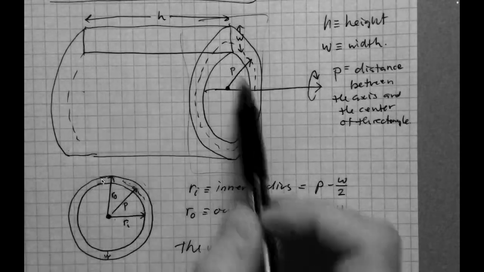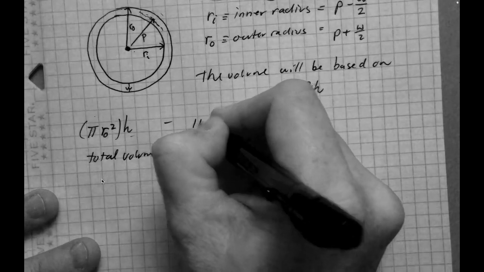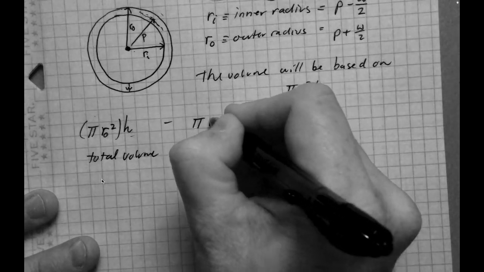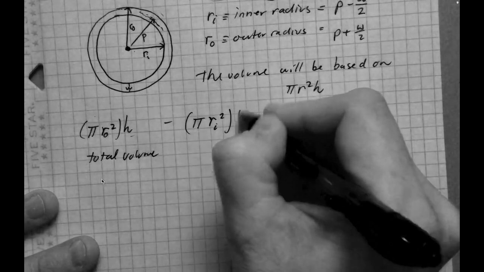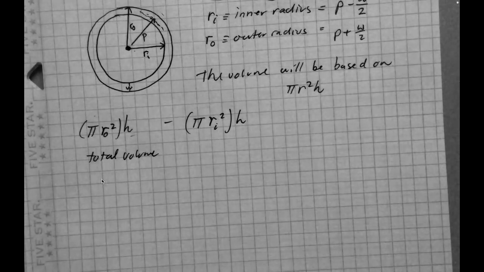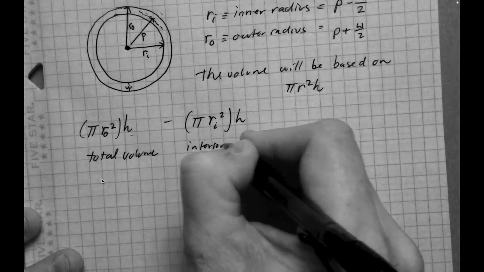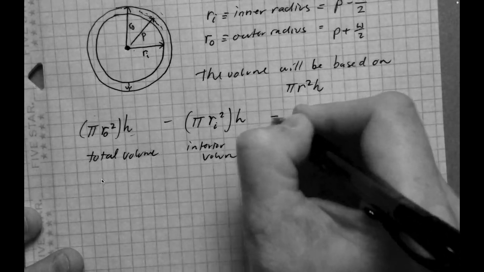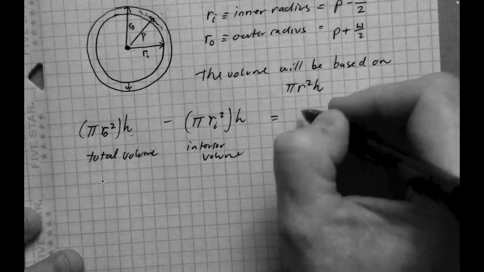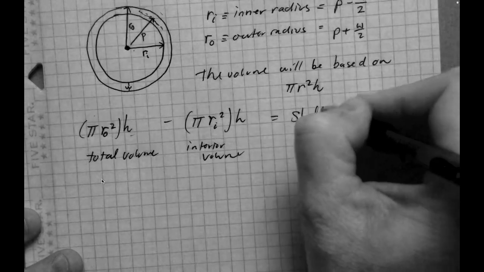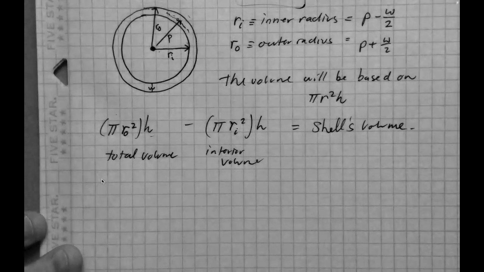The interior part of the cylinder. And that's going to be equal to pi times the inner radius squared times the height. Okay, and this would be the interior volume. And of course, when I subtract the interior volume from the total volume, I get the volume of the shell. Okay, no problem. So that's the idea there.